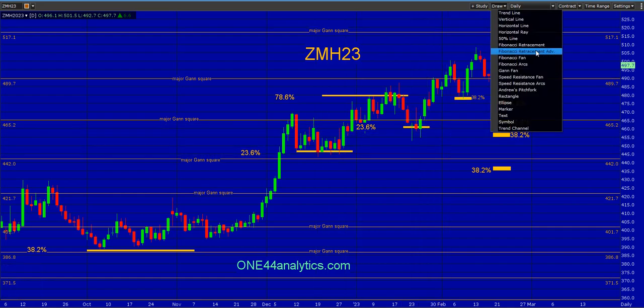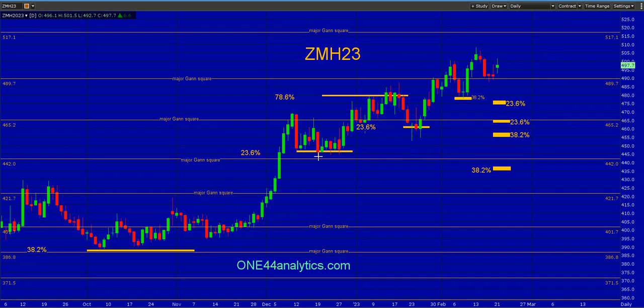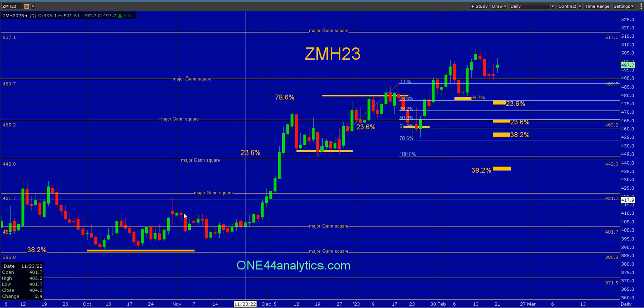Now, if we take this retracement here and we go to retrace this back to here, this is the most important low other than this down here, because this is where the big move up came from, its first setback. So then when we go up to here, we look, and what do you have? Not only did it spike under that bigger 23%, but you get the 78.6 retracement.